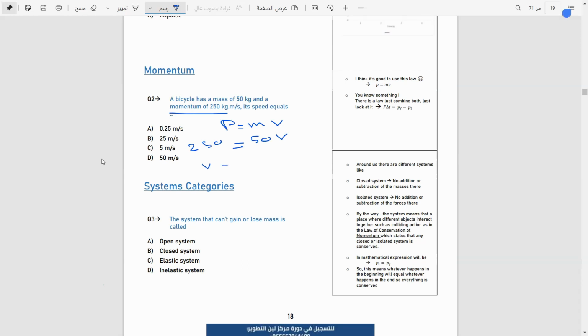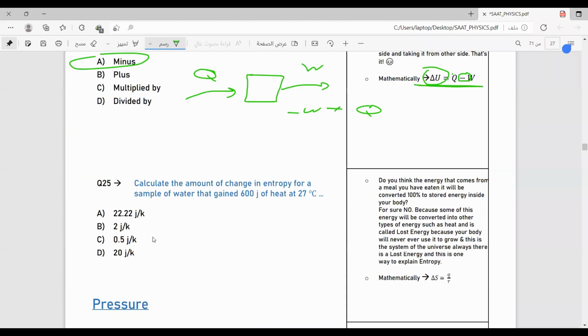This is the way to play with the formula. You want to divide now, 50 over 50. So 50 with 50 will cancel each other. So we'll have 250 over 50. So 0 with 0 gone. 25 divided by 5, how much? It is 5. Great.